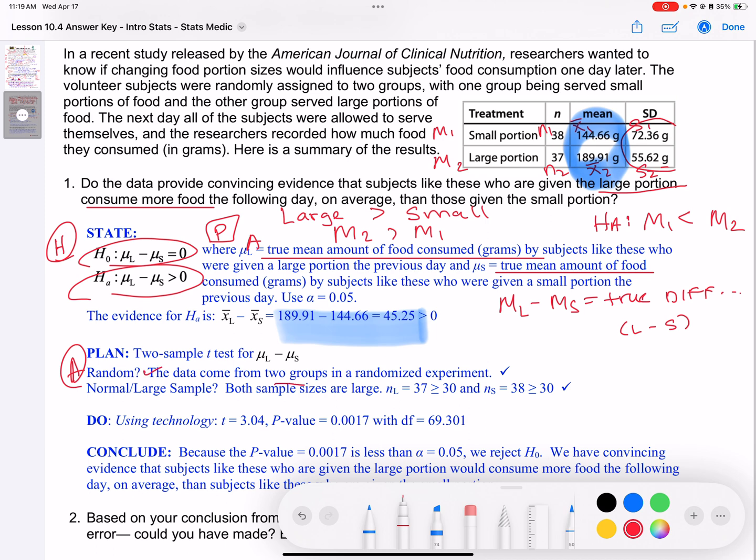Remember, it's random. It does say it's from 2 random samples, and both samples, 37 and 38, both bigger than 30, so we're set. Using technology, you're going to go to menu, stats, test, 2-sample t-test, just like I showed earlier.